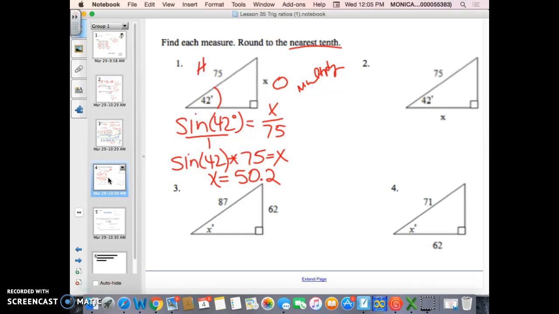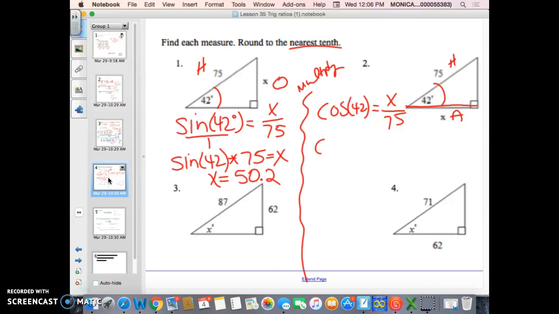Over here, same situation. This is my focal point. This is my adjacent side, and this is my hypotenuse. So for this one, I'm using cosine of 42 equals x over 75. X is up high, multiply. So this is the cosine of 42 times 75.